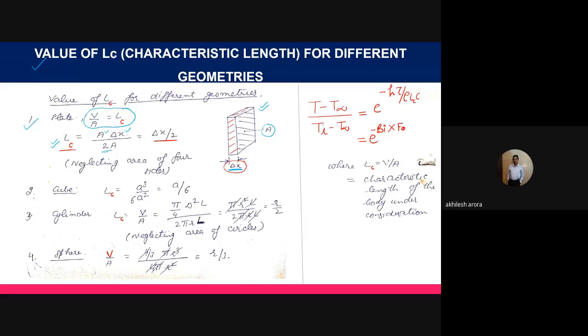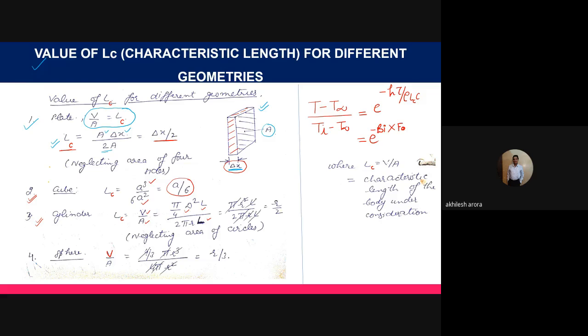The next one is the cube. If we have the shape of a cube, then the volume is a cube, and 6a square is the surface area of the cube. So finally the value of the characteristic length comes out to be a by 6. Similarly, for a cylindrical body, it is once again V by A. The volume is pi by 4 d square into l, divided by the surface area, which is 2 pi r l or pi d l, whichever you write.